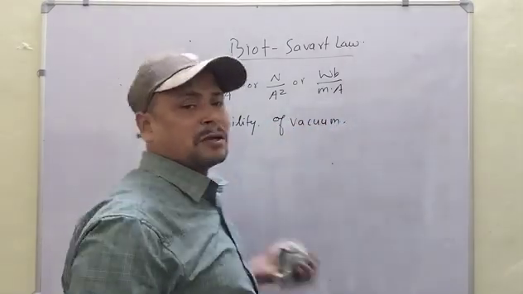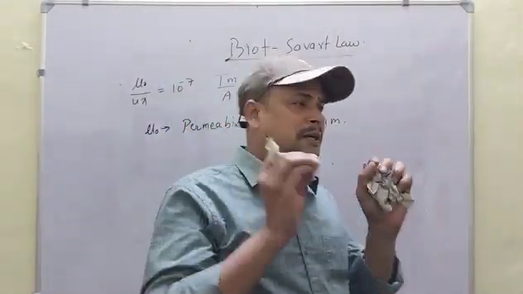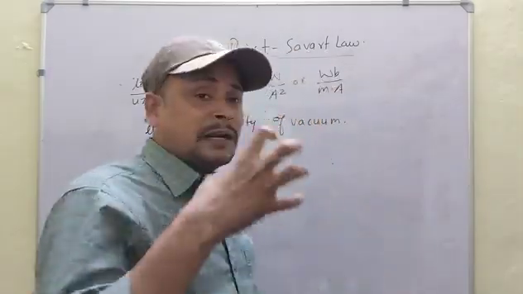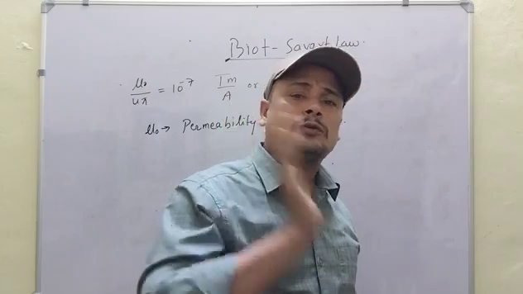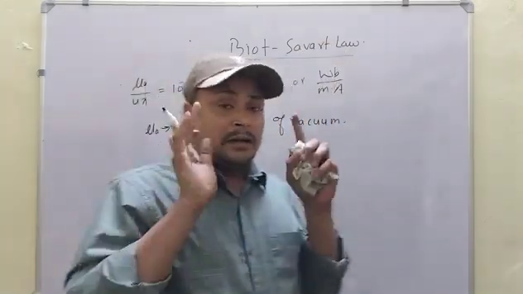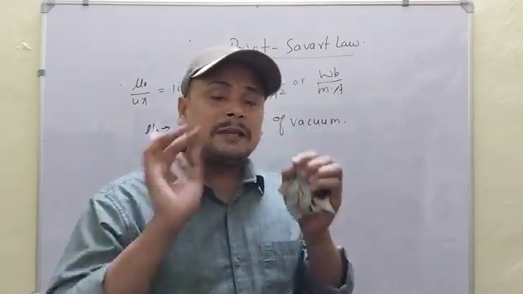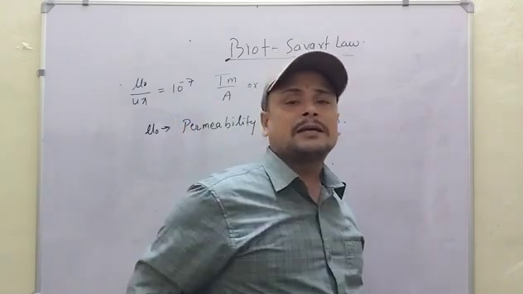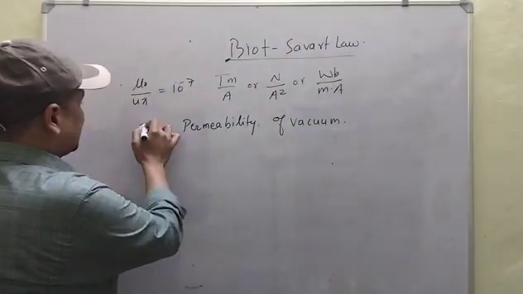Permeability is a property of any medium, here vacuum or any other medium, because of which it allows the magnetic field to pass through it. So this is the permeability.